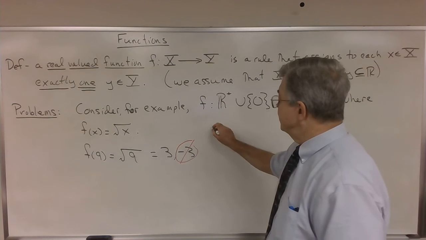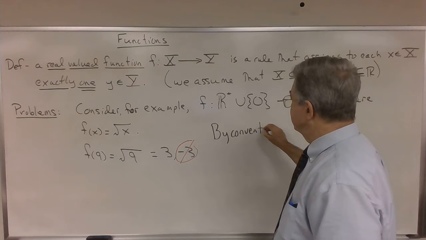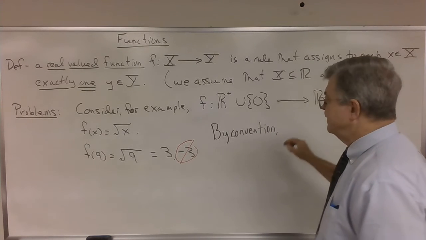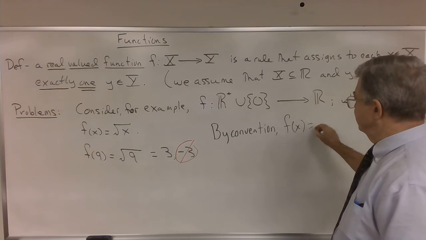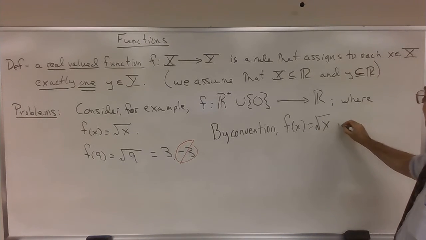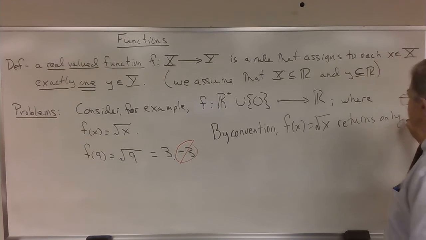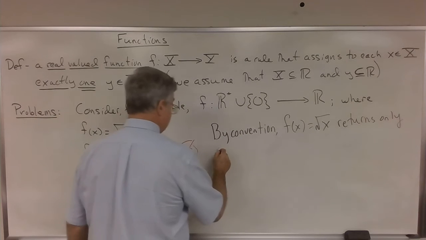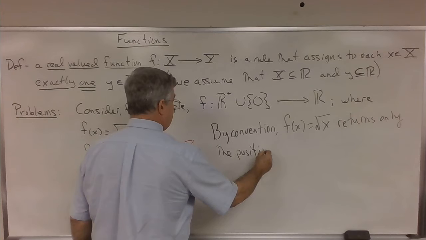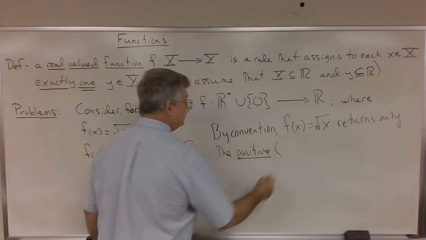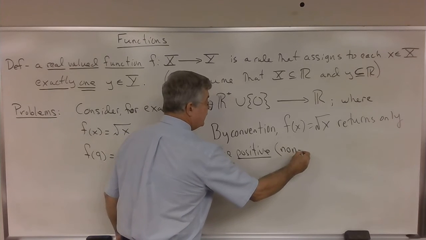And that's worth noting. So it returns only the positive, or in the case of x equals 0, the non-negative root.